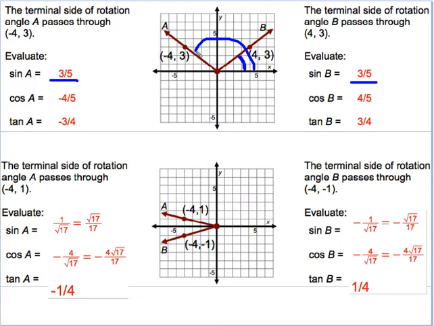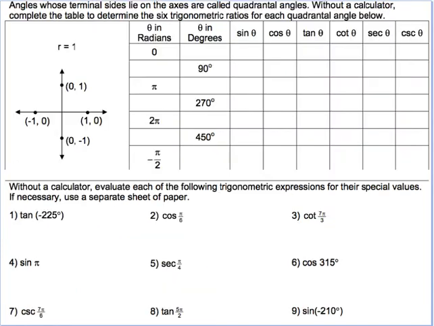I would not get this angle. And then over here, again, your ratios for cosine would be the same. When I do inverse sine or inverse cosine to find my angle, I would get this angle, but not this one. So that phenomenon happens a lot.